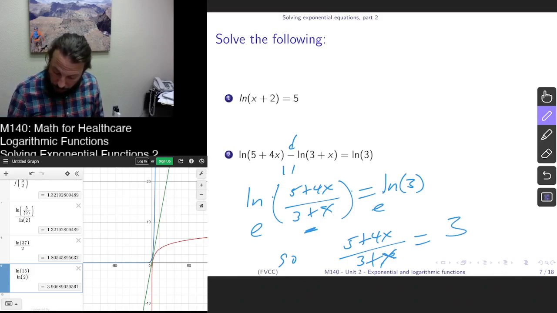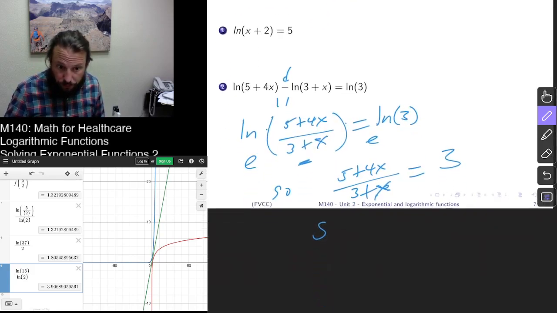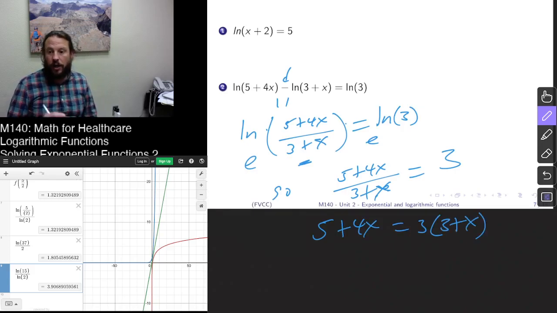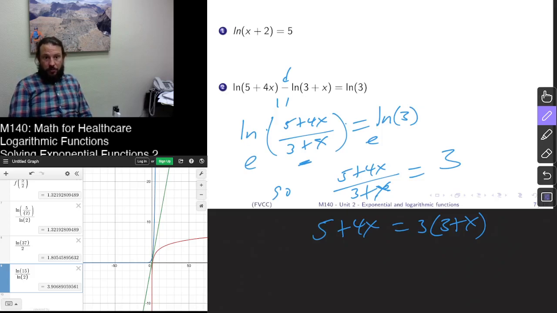We multiply both sides by 3 plus x, so we get 5 plus 4x equals 3 times 3 plus x. I'd like you to finish that one on your own, solve for x, and plug it back in and make sure it works out.